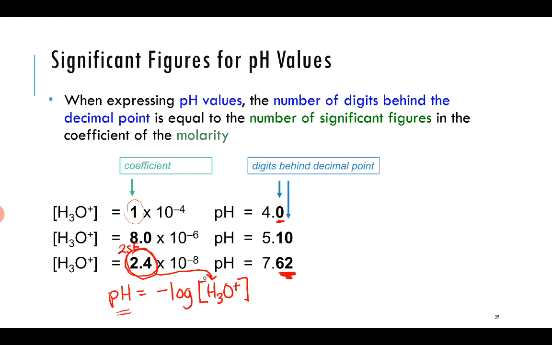Now, the trouble is once you go the other direction. So you have to know that if you have pH, you have to look at the digits behind the decimal point, and then when you inverse it and go backwards, you'll know how many are in your coefficient. So you have to pay attention to what you're looking at and how you're counting your sig figs here. But no matter what, this digit in front of the decimal point does not count towards your significant figures. It's these afterwards that we're caring about.